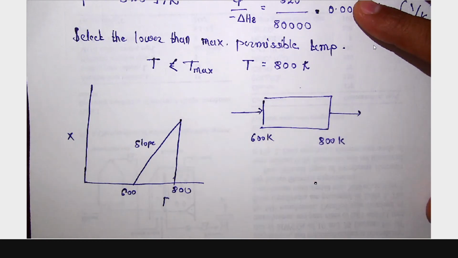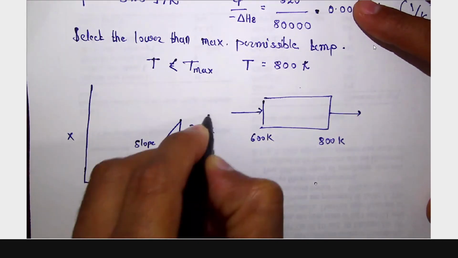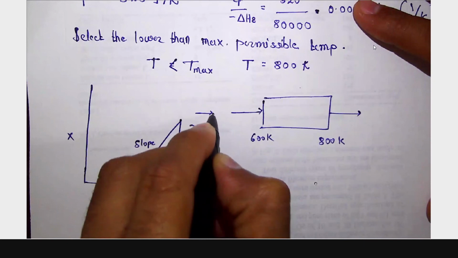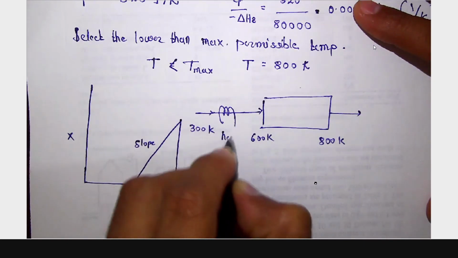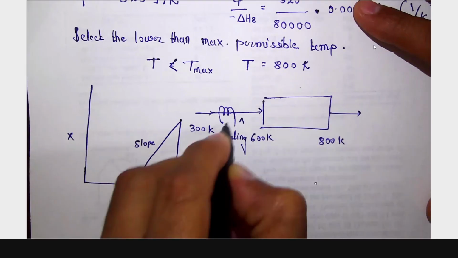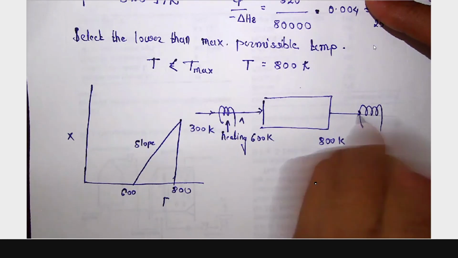But the feed is available at 300 Kelvin. So before reaching this, we have to do the heating. Heat should be given, and after this, heat should be removed because this is 300 Kelvin.